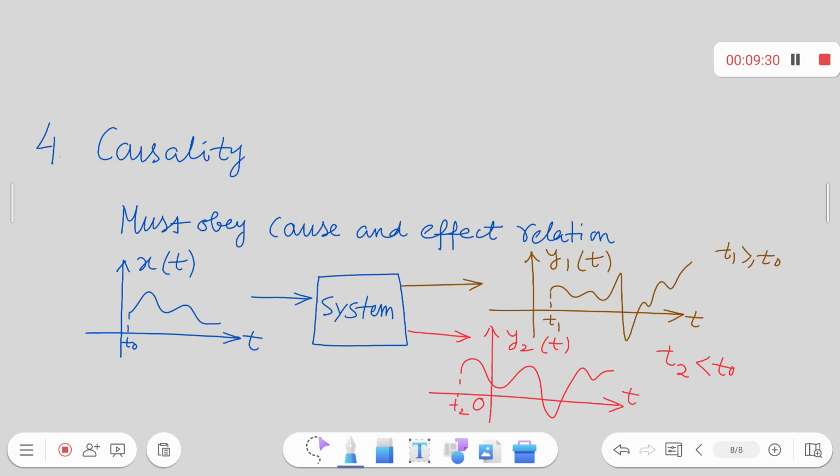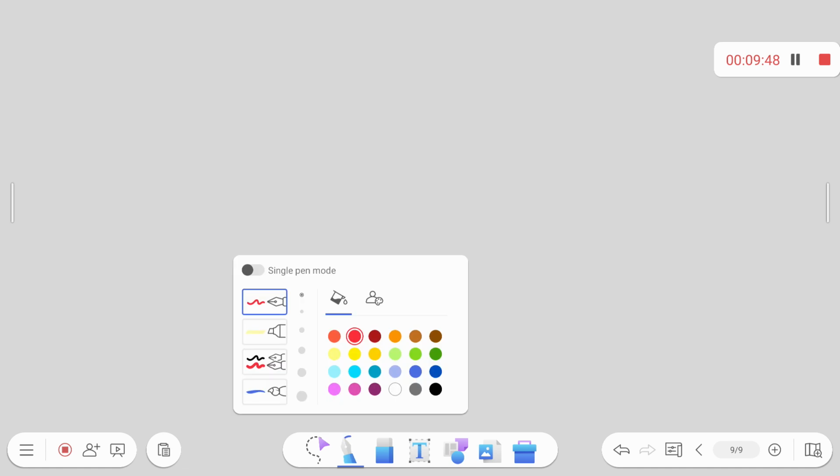Okay, before discussing this, let me just give you some basic understanding behind the causal signal, right? So causality is applicable not only for systems but also for the signal itself. So what do we mean by a causal signal? Let us spend a few moments to understand the causal signal.